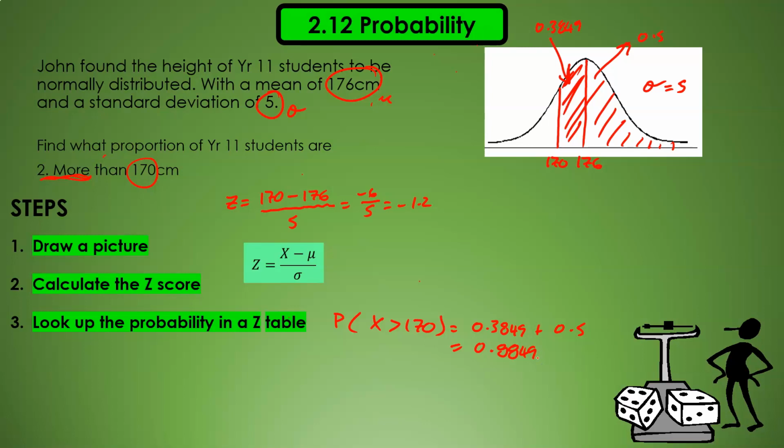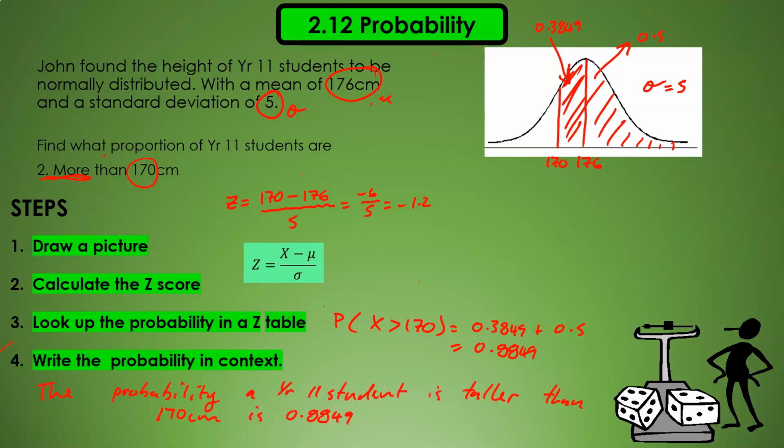So fourth step, of course, write your answer in context. The probability a Year 11 student is taller than 170 centimetres is 0.8849.